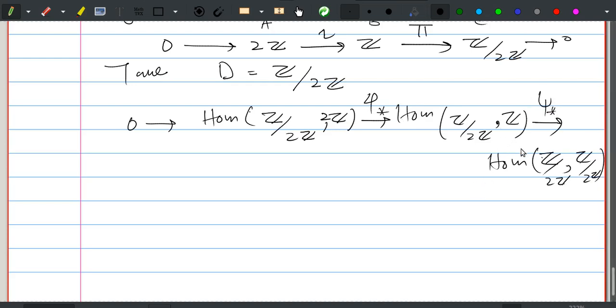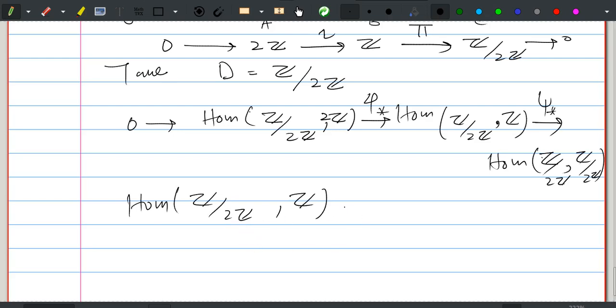So one should look here that this psi star is non-surjective, because if we look at this set Hom(Z mod 2Z, Z), we just have only one element. I mean from Z mod 2Z to Z there exists only one module homomorphism, that is the zero homomorphism.